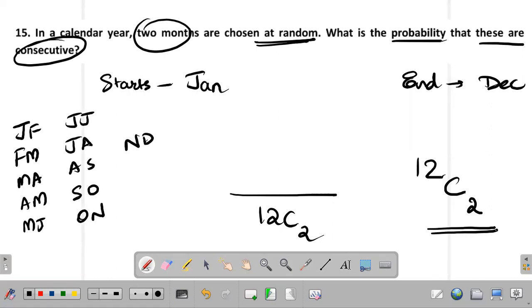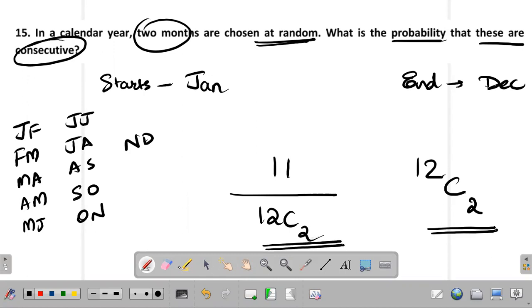Don't consider December, January, because there the January is referring to the next calendar year. Don't take that. So can you tell me what is the total number of favorable outcomes? 11. So my answer will be 11 divided by 12C2 in this case.